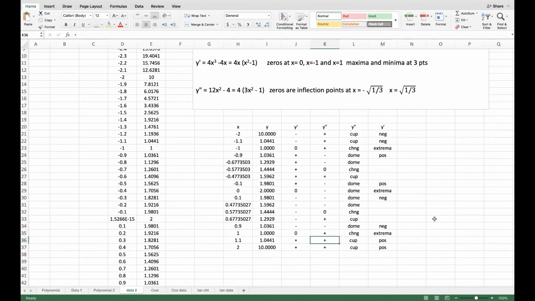Okay, so now let's look around our extrema. We have a positive on this. Let's see, at 0.9.